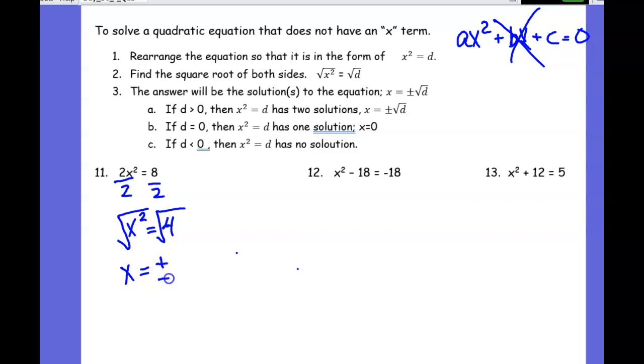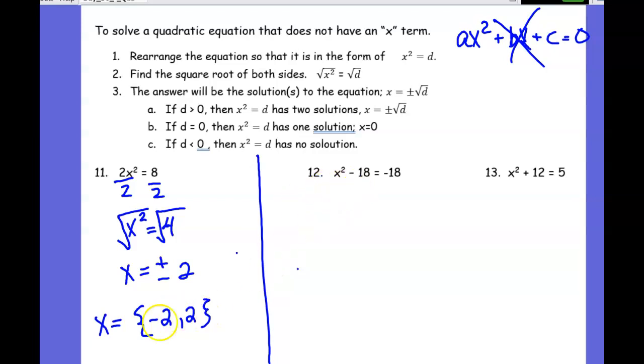So we actually have two solutions, and we write that sometimes as plus minus 2. But in set notation, it would just be x is equal to negative 2 and 2.